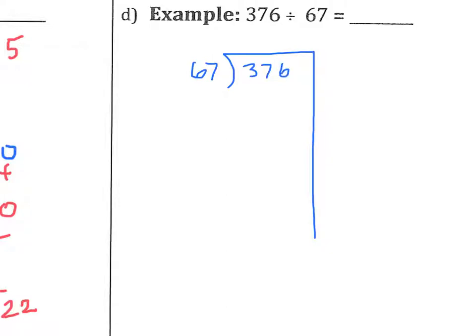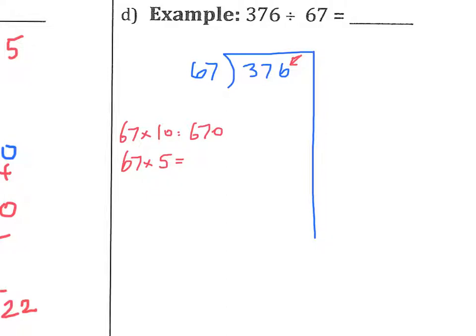Okay, now I know that 67 times 10 is going to be 670, but 670 is way bigger than 376. But I know then that 67 times 5 is going to be half of what 67 times 10 is.